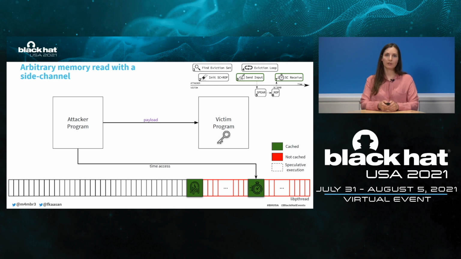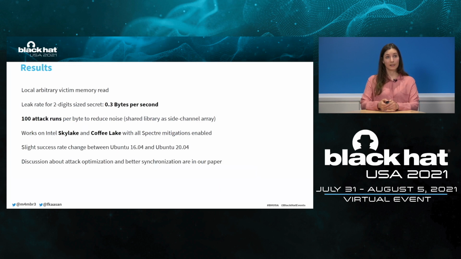This would reveal the victim secret value corresponding to the side channel array element. The end-to-end SPEAR architectural backward edge overwrite attack results in a local arbitrary memory read of the victim memory. We achieved an end-to-end leakage rate of 0.3 bytes per second.